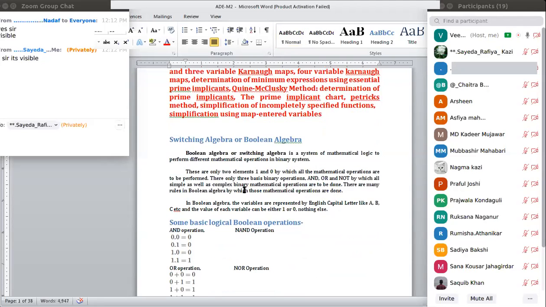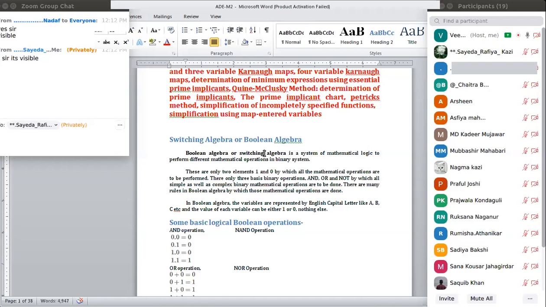So basically, what is this Boolean algebra? Algebra is also a mathematical term, right? The Boolean algebra is also called switching algebra.